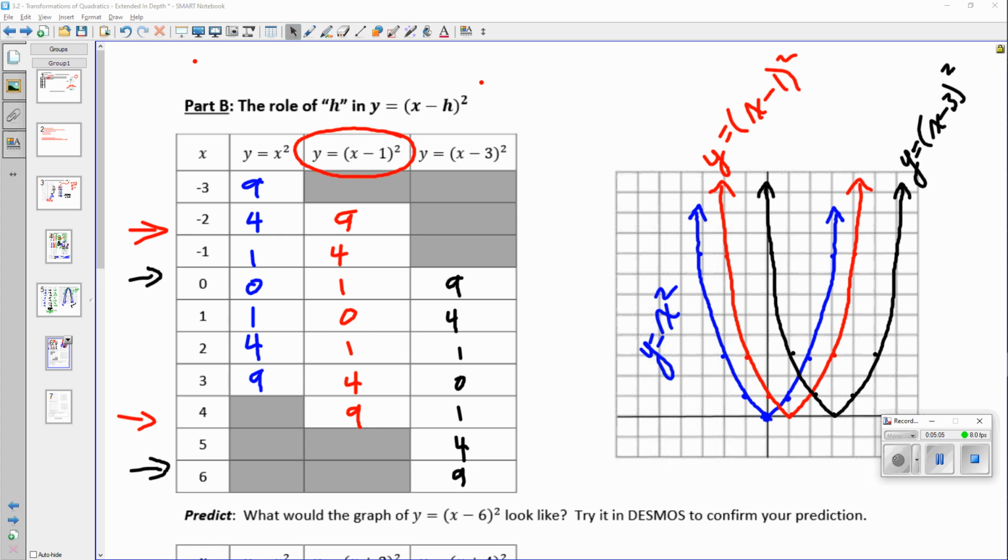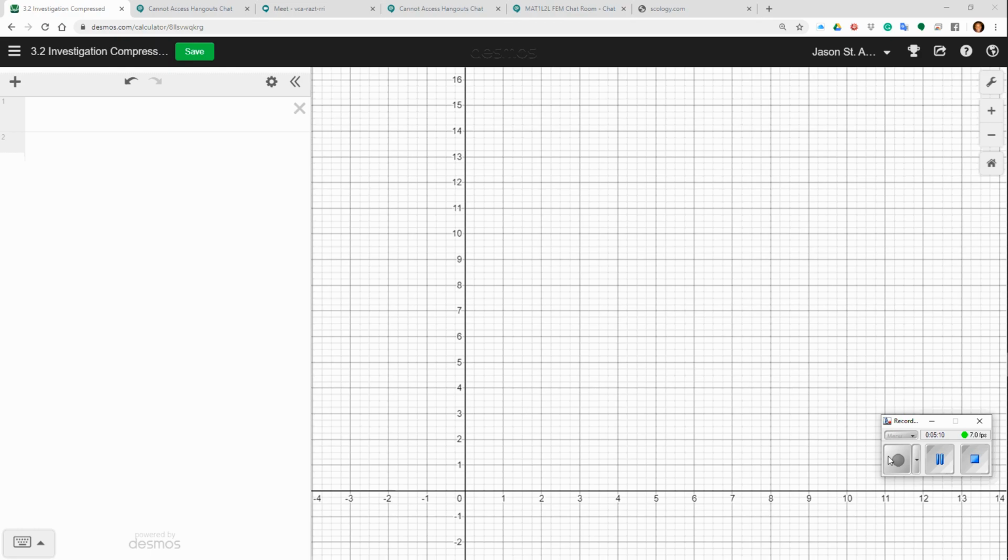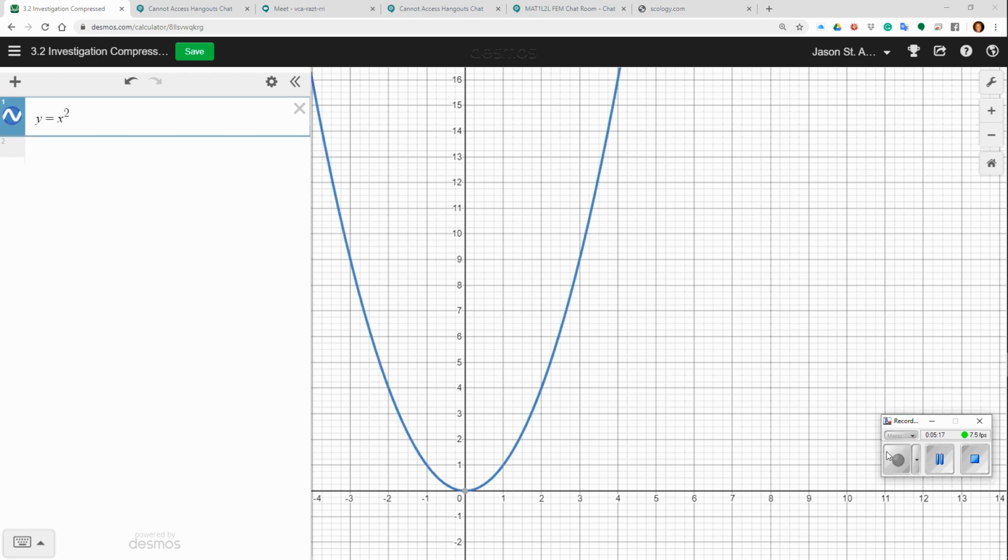Try to make that prediction, then we'll do it up in Desmos. So now let's create the base image of our graph by getting Desmos to generate the graph for us. So we have y equals x squared, which is this graph here, our base image. Now I'd like to know what you think the new image will look like.